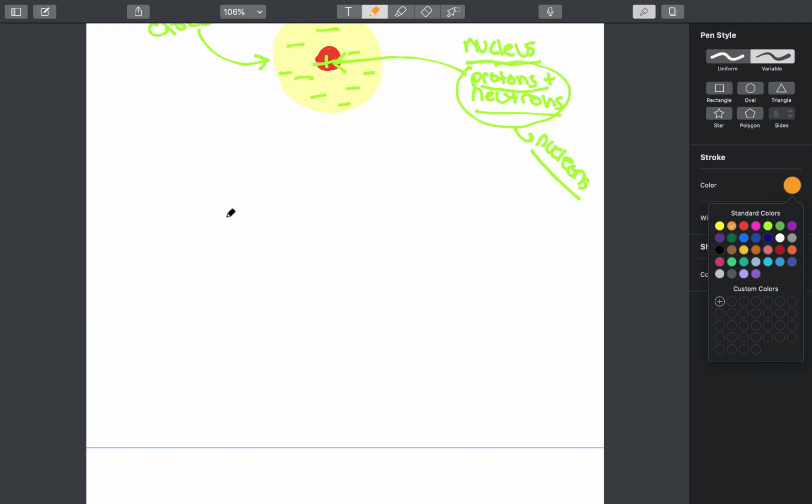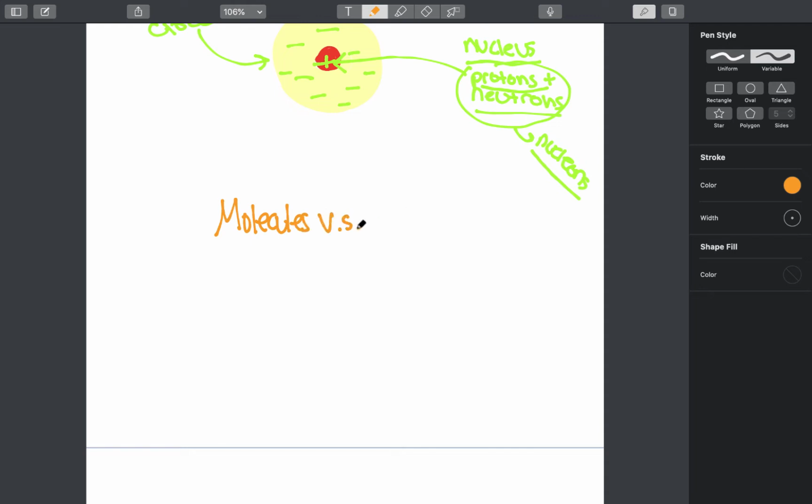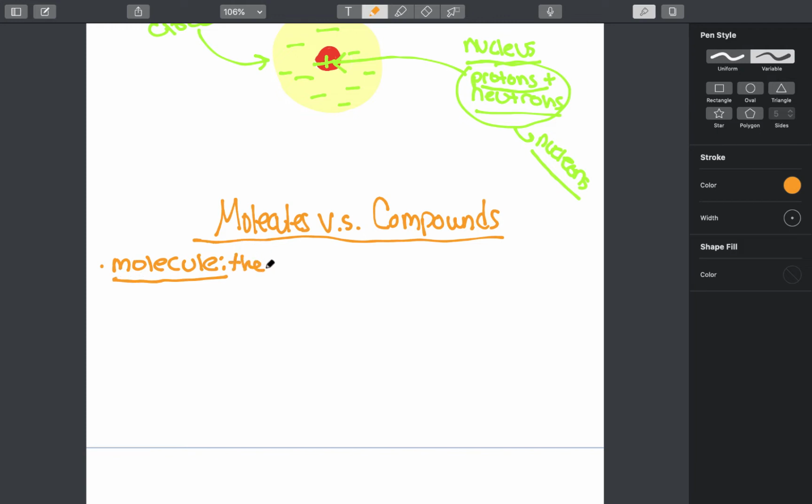So let's continue on with discussing molecules versus compounds. So what is a molecule? A molecule is the interaction between two or more atoms.